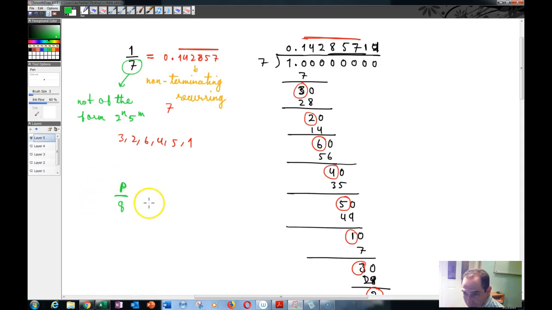But it doesn't necessarily mean that if the prime factorization of q is not of this form, then the decimal expansion of the number is going to be non-terminating. It doesn't necessarily mean that, but you can kind of, I don't really agree with that.